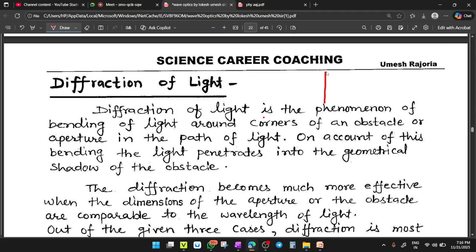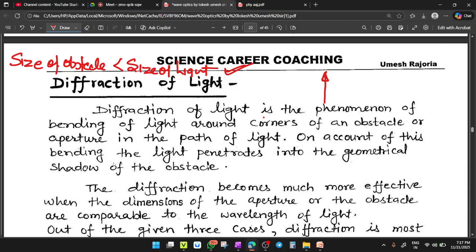When you have an obstacle that is very small, means the size of the obstacle, in the previous class I said that the size of the obstacle should be less than the size of light, or you can say the wavelength of light. Clear? For the persistence of wave optics, this is a condition, and this condition becomes very important for diffraction. So diffraction of light is the phenomenon of bending of light around the corners of an obstacle or aperture in the path of light.